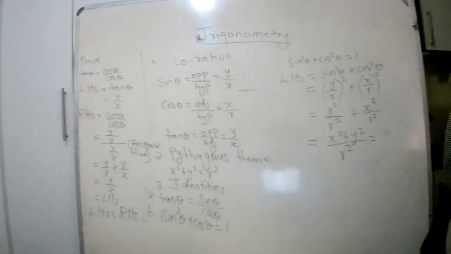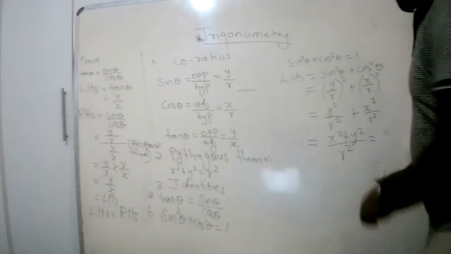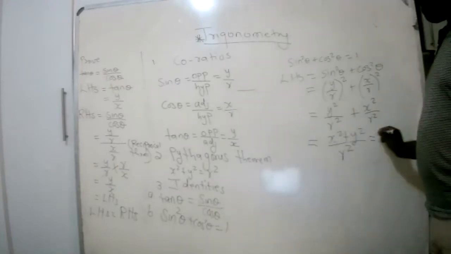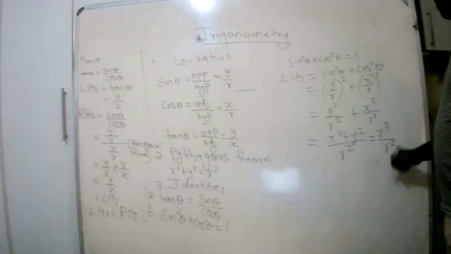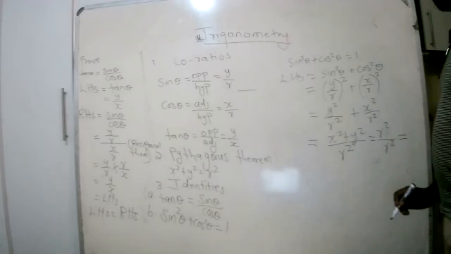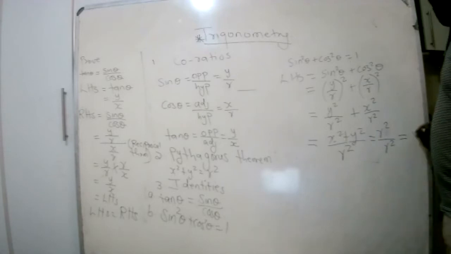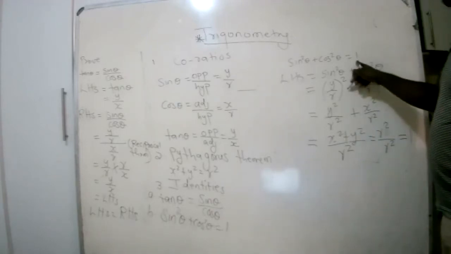It is equal to r squared. So where we have x squared plus y squared, we replace it by r squared, and then we divide by r squared. R squared divided by r squared is what? 1, which is the one we have on the right-hand side.